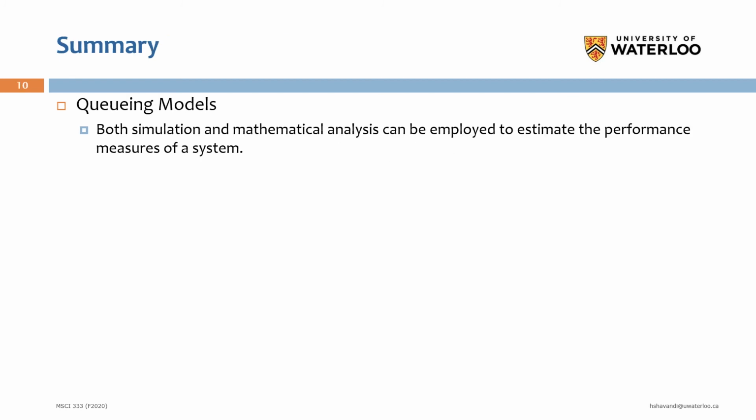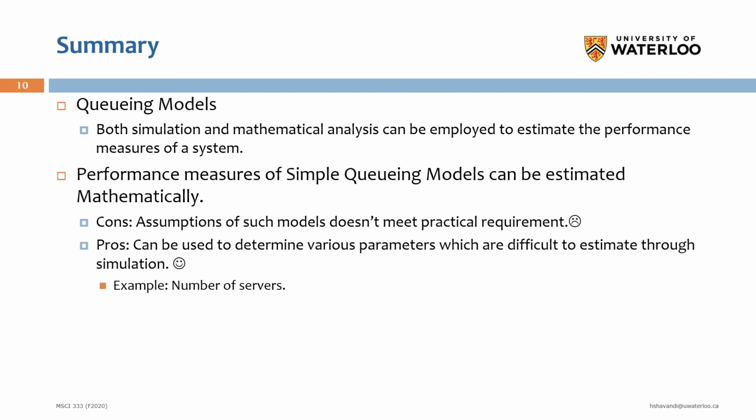In summary, in this chapter, we had queuing models for simple and standard models, and you saw how we can calculate the performance measures by having the system's parameters like the arrival rate, service rate, number of servers, and so on. These standard and simple queuing models are based on some assumptions, right?